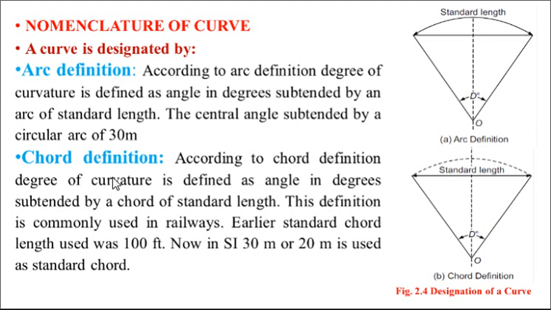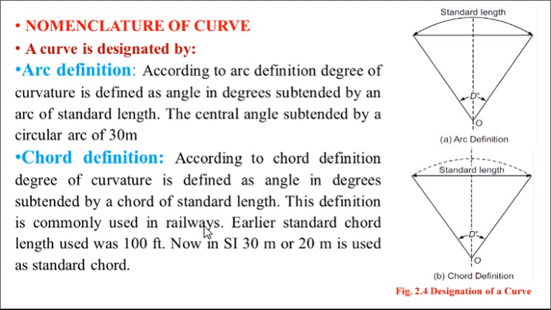Second, the chord definition. According to the chord definition, degree of curvature is defined as the angle in degrees subtended by a chord of standard length. This definition is commonly used in railway curves.